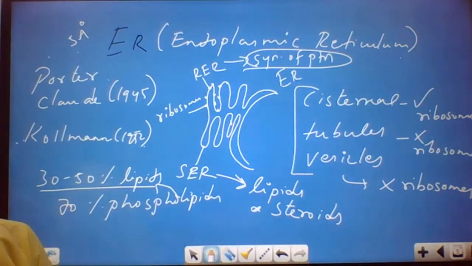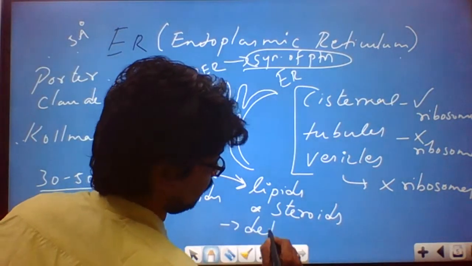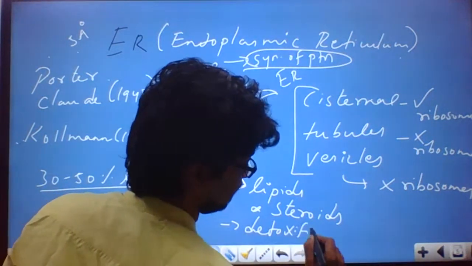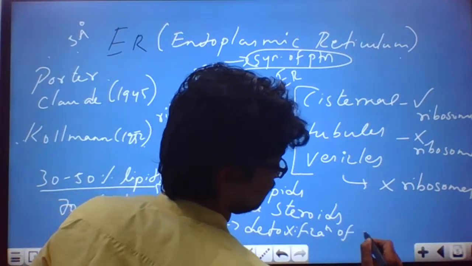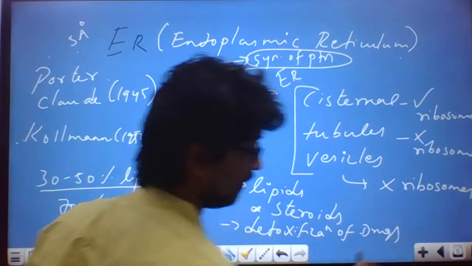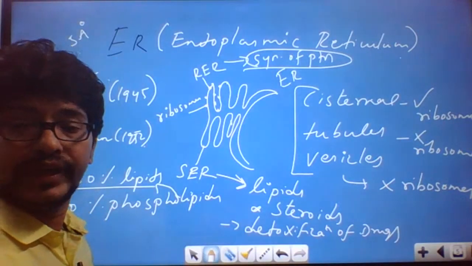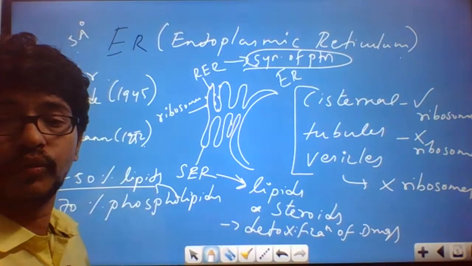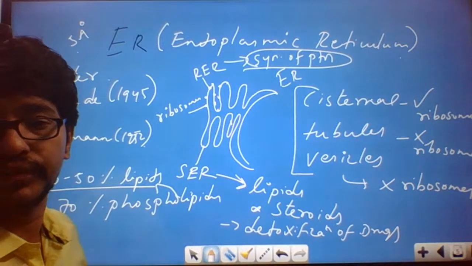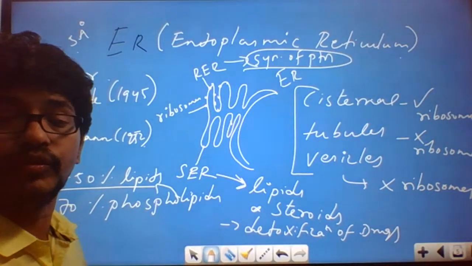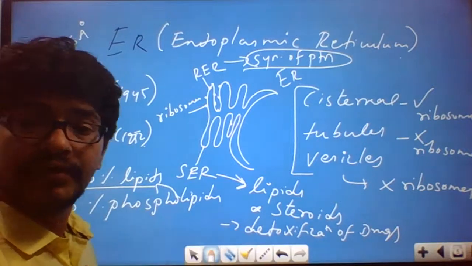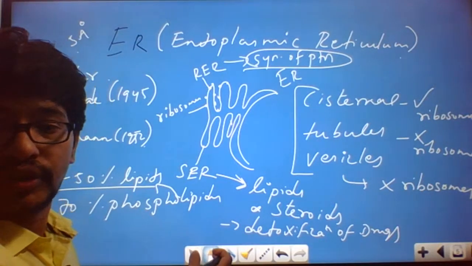The smooth endoplasmic reticulum also plays a very important role in the detoxification of drugs. This is an additional function. For example, you take a drug, and the remaining drugs, the surplus constituents going to waste in a cell, who is detoxifying them? Who looks after the side effects? It is your smooth endoplasmic reticulum.